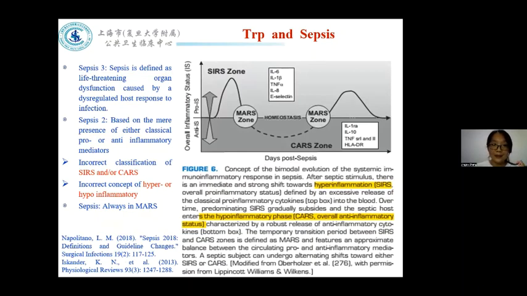Sepsis is defined as life-threatening organ dysfunction caused by a dysregulated host response to infection. However, in the older definition of sepsis, most research thinks that sepsis patients have a lot of rapidly changing inflammatory factors, like anti-inflammatory or pro-inflammatory factors.